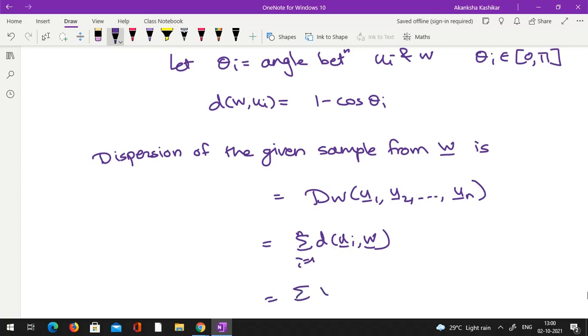So this will be the sum of 1 minus cos theta i, i going from 1 to n, so this is n minus the summation of cos theta i.